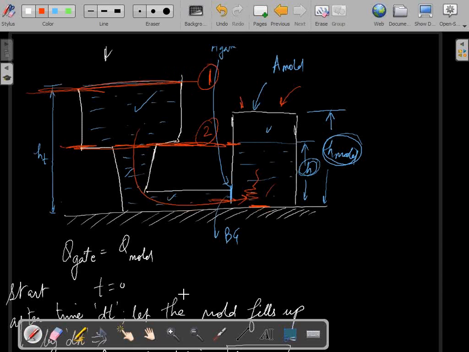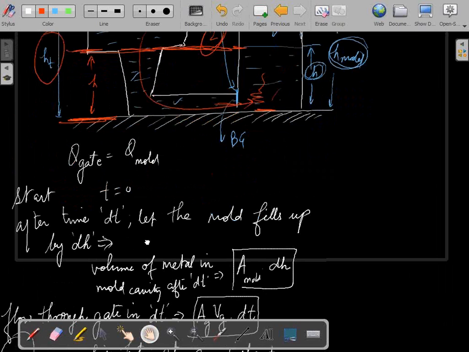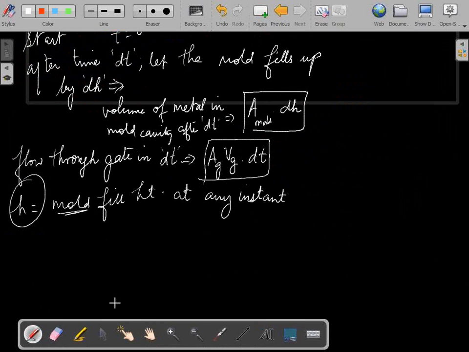Now I will apply Bernoulli's theorem between these two sections, 1 and 2. I know the datum is this line, so section 1 is at a height ht, and section 2 is at a height h, so this is h, right? So let me go back to my calculation.